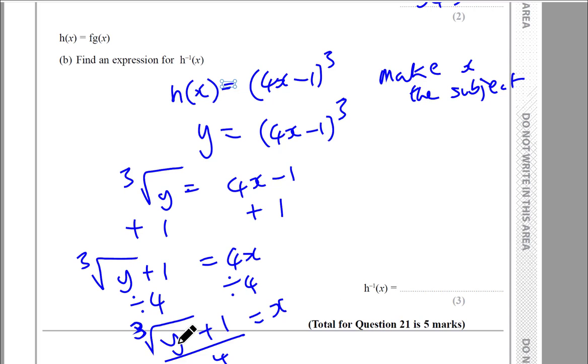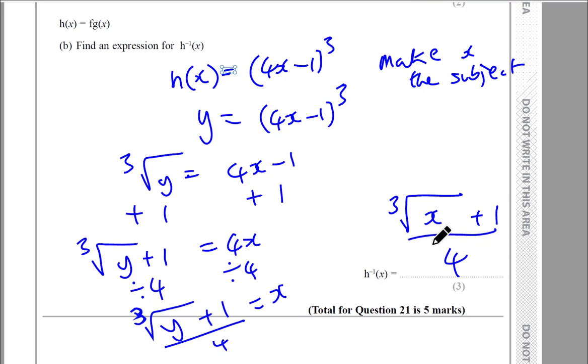So we just swap this y for the x, so that's going to be the cube root of x plus 1 divided by 4. I can feel the grade 9 coming. If you revise all the skills that you know and can apply it, grade 8 and 9 is definitely coming.